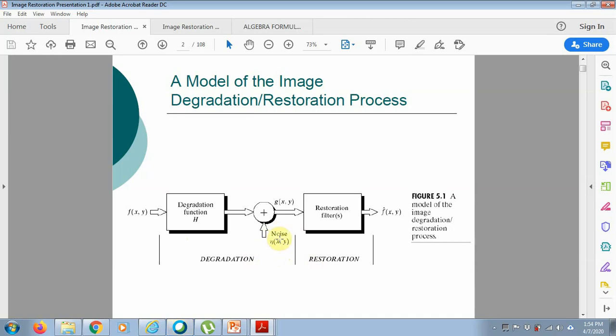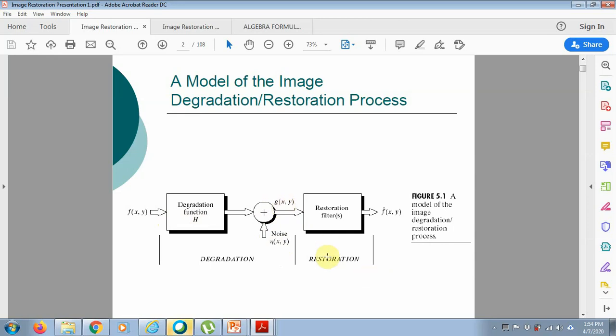The noise can be anything: Gaussian noise, uniform noise, Rayleigh noise, gamma noise. And then you will have the degraded image, that is g of xy. So g of xy will be equivalent to f of xy multiplied by h of xy plus the extra added noise, that is eta xy.